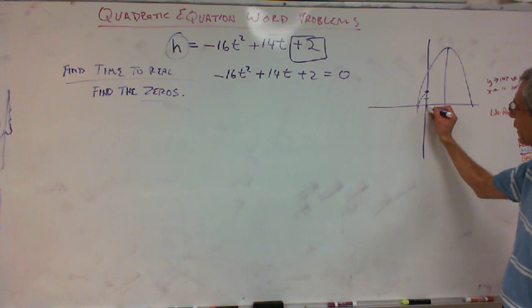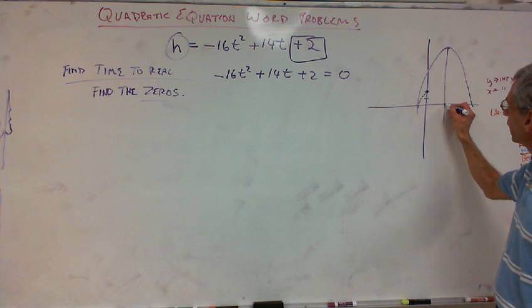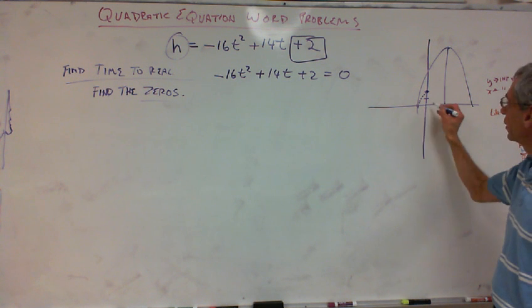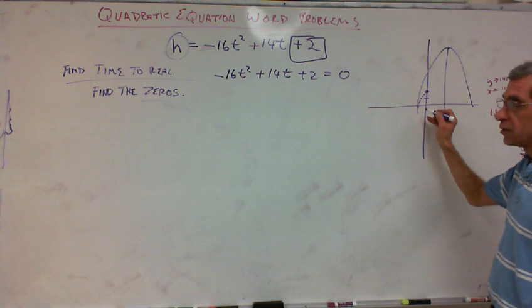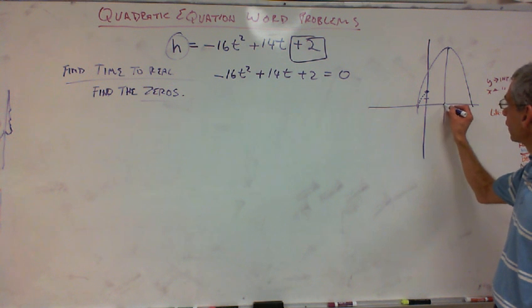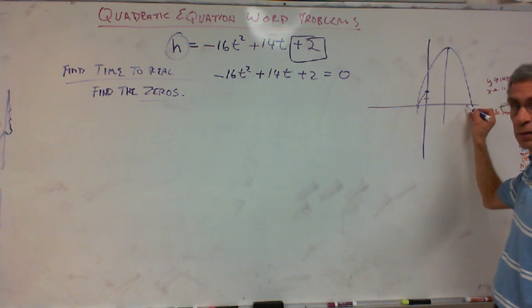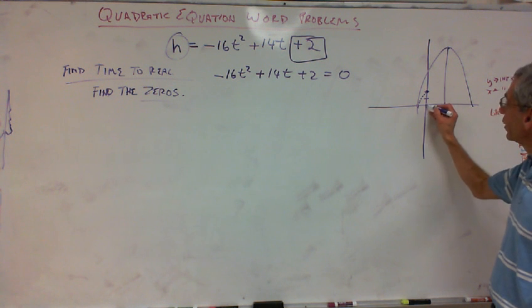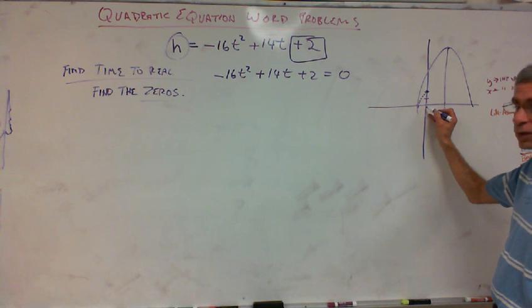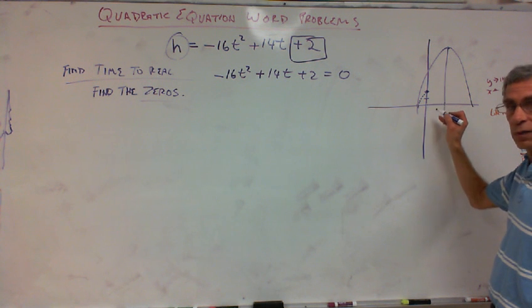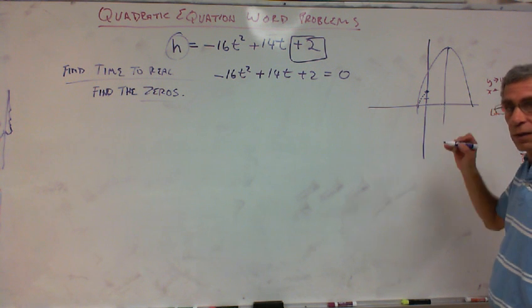The axis of symmetry is going to tell you from here to here, not from here to here. If it started at 0, then you would be finding the point from 0 to here, which is what you want. You see what I'm saying?